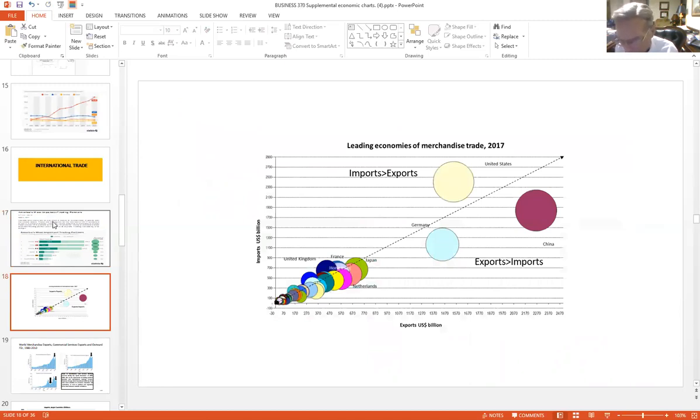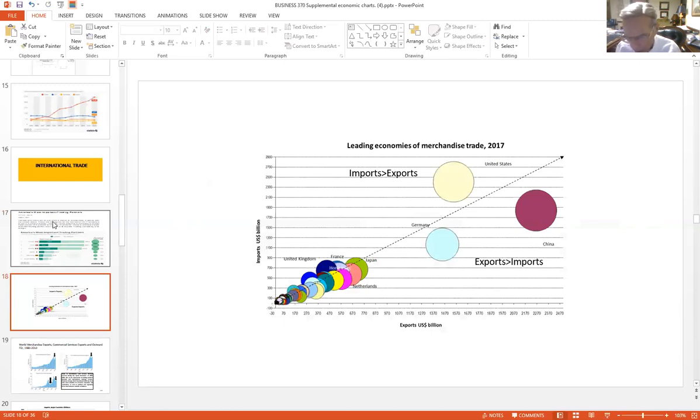And you can see that many of the countries in the lower left-hand corner export more than they import. But there are exceptions. For instance, the United Kingdom imports more than it exports. So it's a net importer, just like the United States is.